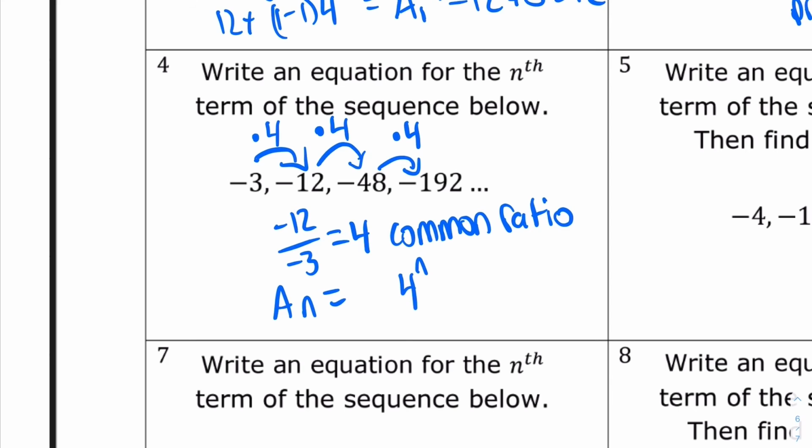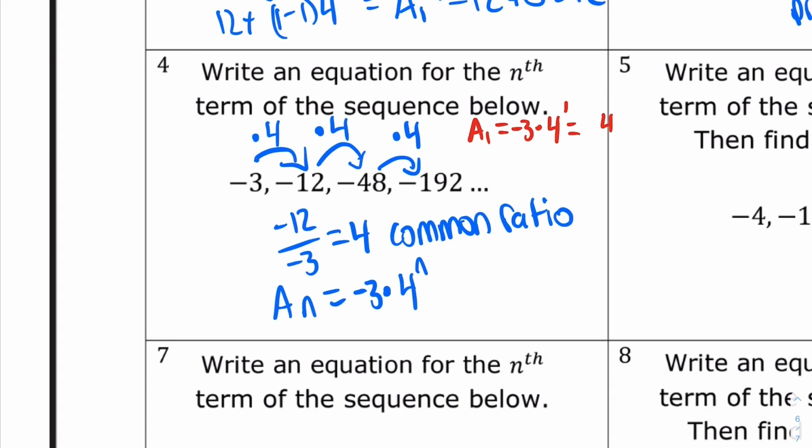And all we need in front of this is the starting value. Negative 3 times 4 to the power of n. But let's check this. Let's make sure that this is actually working, because I feel like I might be forgetting something. Let's try a1. a1 would be negative 3 times 4 to the 1 power. 4 to the 1 power is 4.